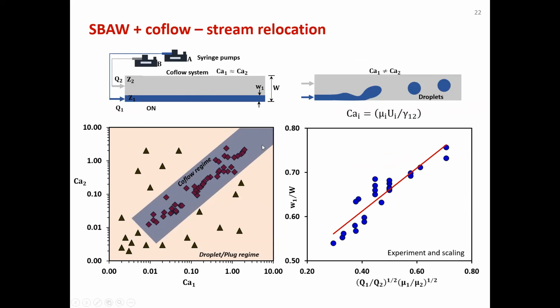That is when you see this stable co-flow regime. If you do not do that, you would end up generating droplets like that, because of the hydrodynamic instability that is present. One could also characterize the width of these co-flow streams, and it's actually a function of the flow rate ratio and the viscosity ratio of the two streams.